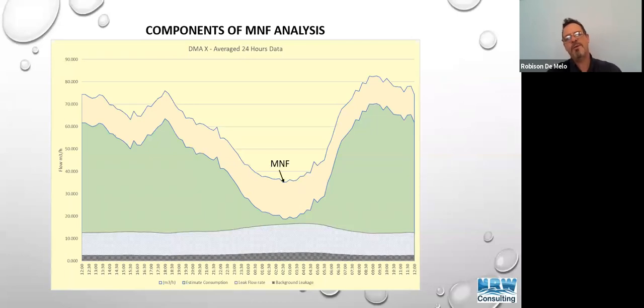So we have our minimum night flow into the area, our legitimate night users, our excess night flow, or bursts, and also our background leakage. I think I'm going too fast, but anyway.